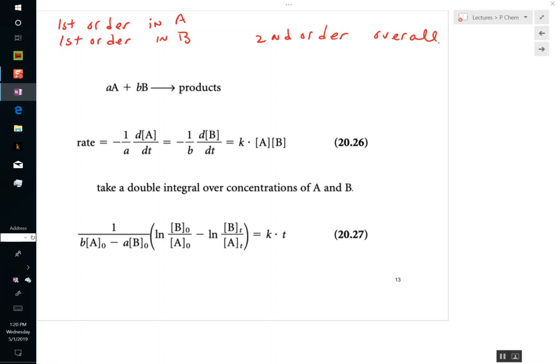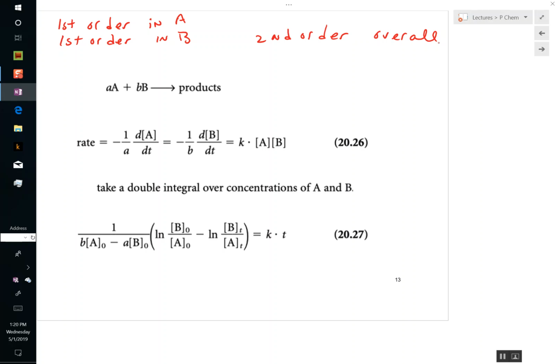For that general reaction, the rate is -1 over A times the change in A with respect to time equals -1 over B times the change in B with respect to time. Here's your rate equation, k times A times B. A to the first power, B to the first power.